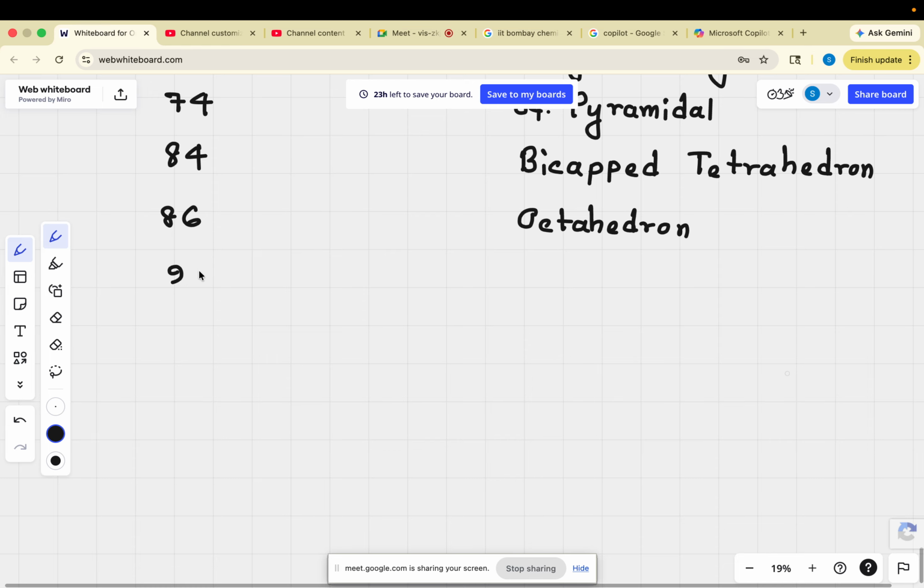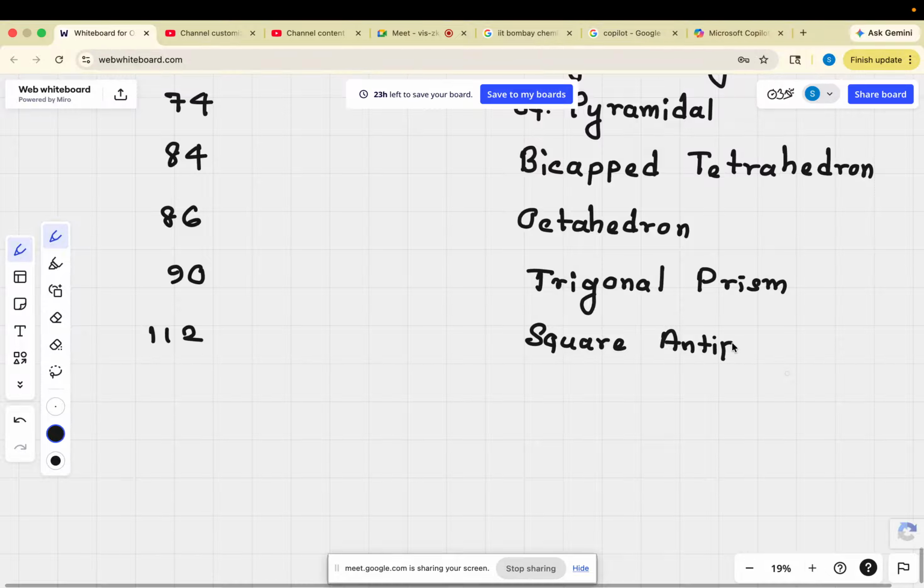If it is your 90, that time it will be your trigonal prism. If it is your 112, that time it will be your square antiprism. And if it is your 120, that time it will be your cube.